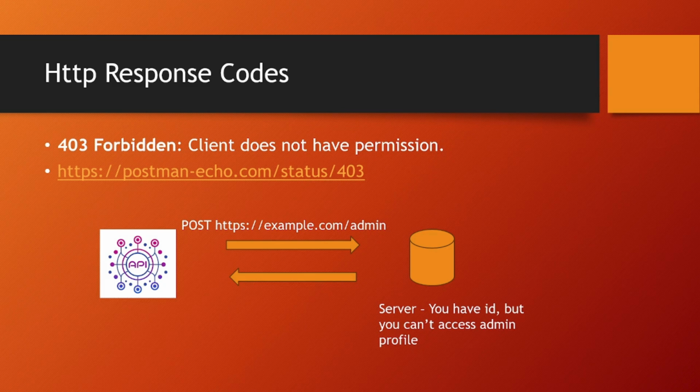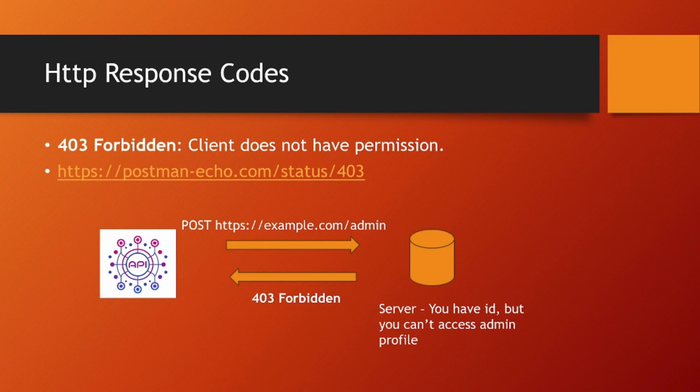So 401 was that the client itself hasn't signed in, but in 403 the client has signed in, but it doesn't have permission to access that particular resource. Another example could be an employee who has signed into a company portal with a proper employee id and password, but if the employee wants to access the admin portal, they will not have permissions to do that, right?